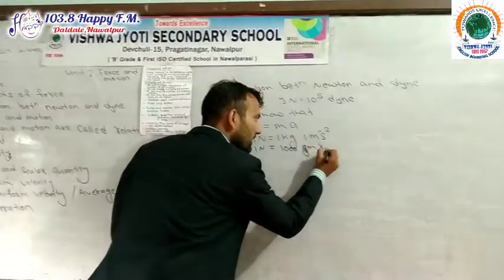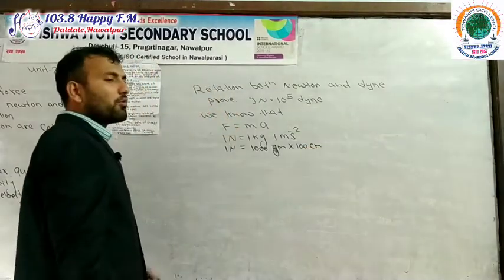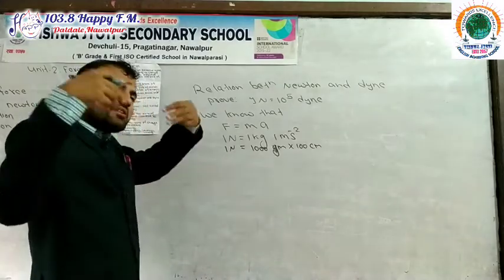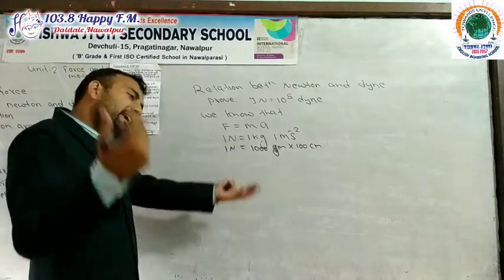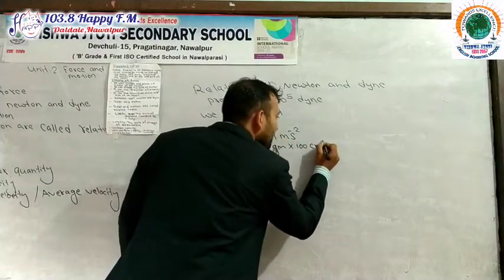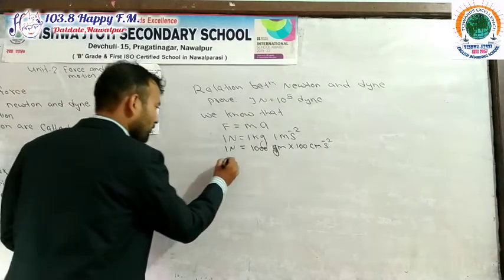What is the CGS unit of time? Second, the same in SI and FPS. And we write cm per second square.